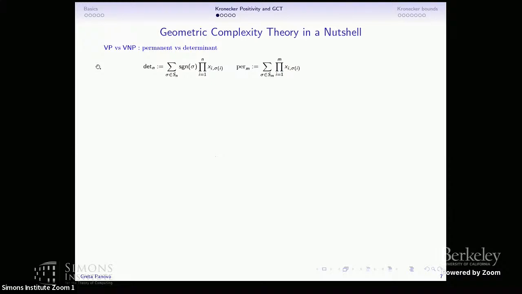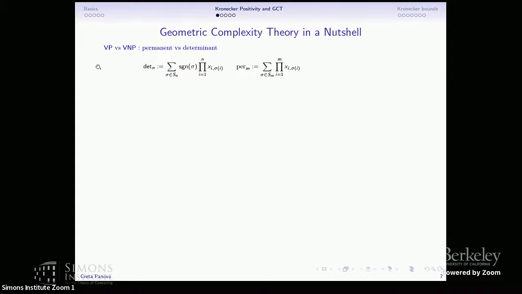Peter already mentioned the VP and VNP problems this morning. These are polynomials which are polynomially easy to calculate with, depending on what model of computation we use, either algebraic branching programs or circuits and so on. There's already a sequence of refinements. But roughly speaking, in a very informal way, VP contains the easy polynomials, and VNP is the algebraic version of NP, the difficult polynomials.